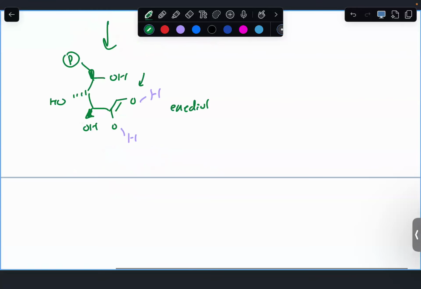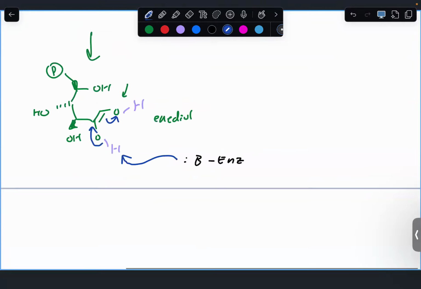So now we can take our base from some enzyme. This is actually very difficult to do in the laboratory, by the way, because the base could indiscriminately deprotonate any of those other protons. So the base comes and pulls off that proton. This comes down and forms the carbonyl. This comes up and hops onto the oxygen.